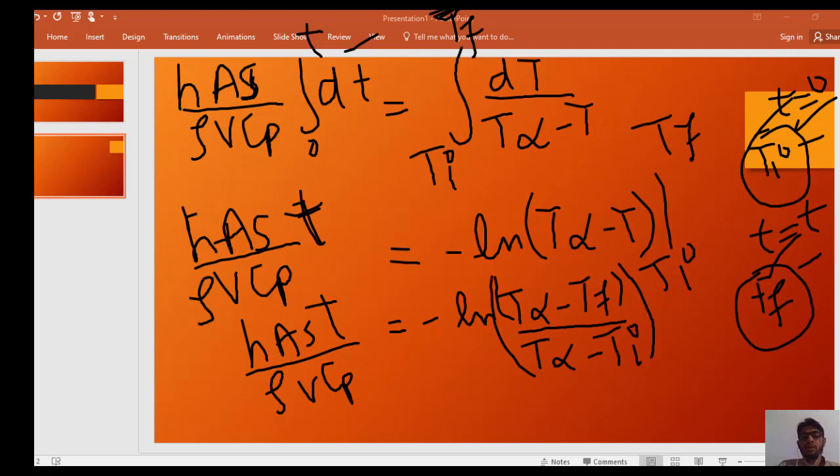After applying the limits we get this relation.